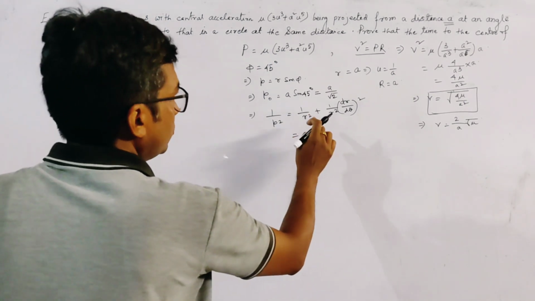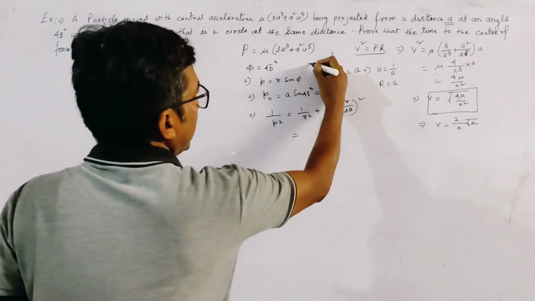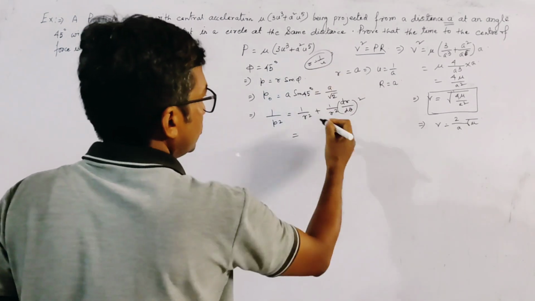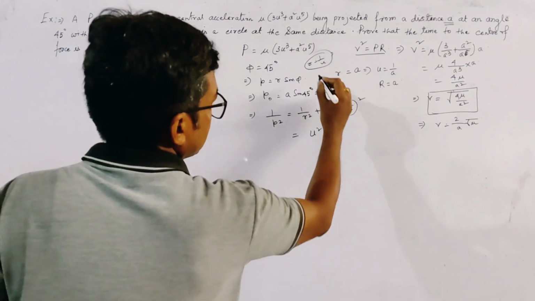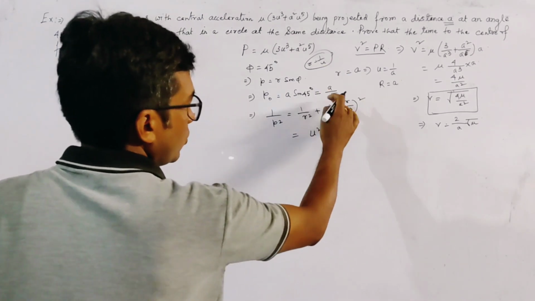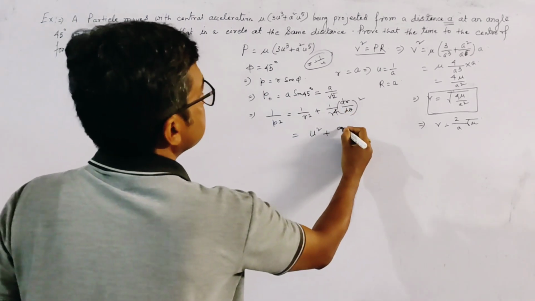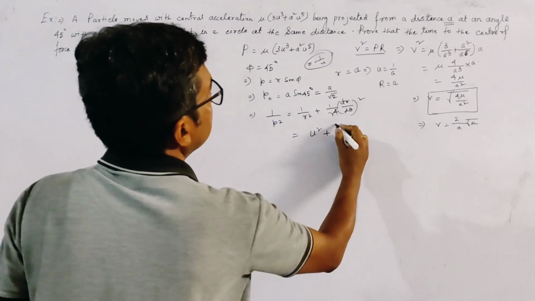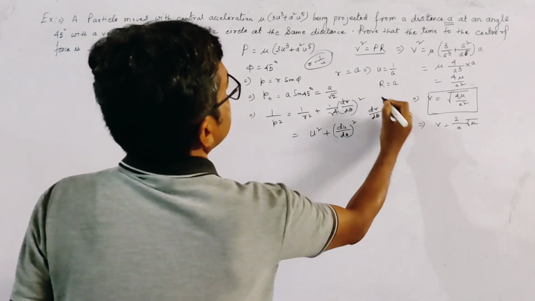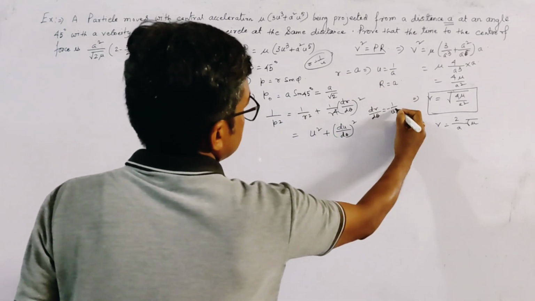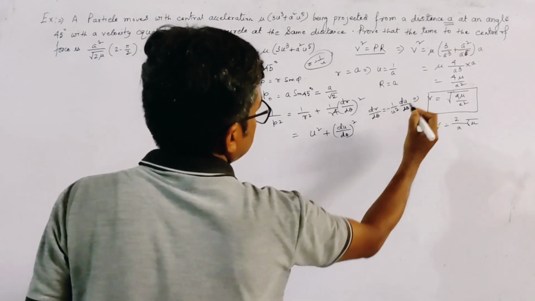And by putting the value of r equal to 1 by u, we get u square plus (du d theta) whole square, because dr d theta is equal to minus 1 by u square du d theta.